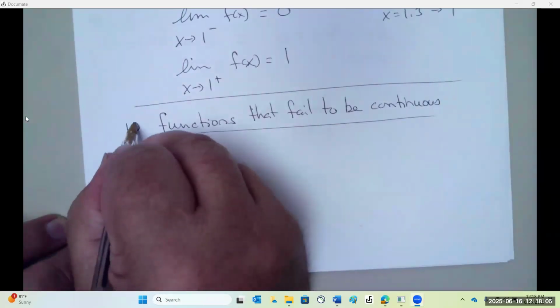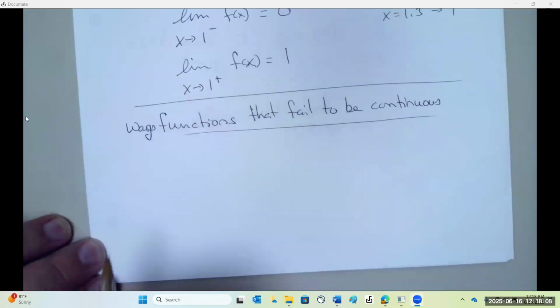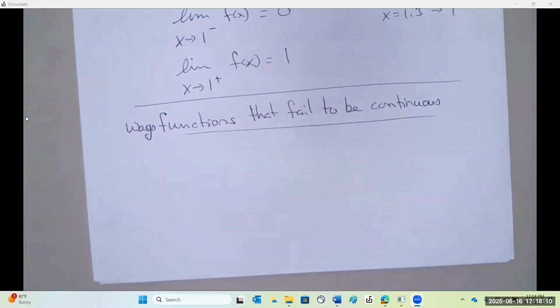Which is to say, ways functions can fail to be continuous.